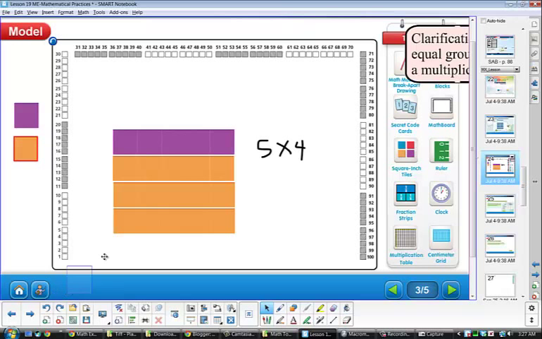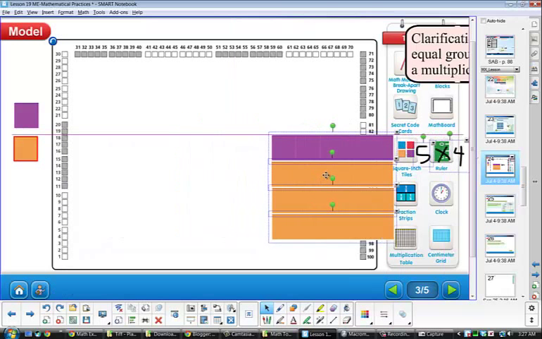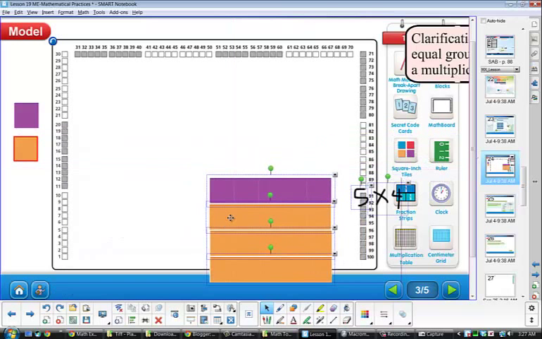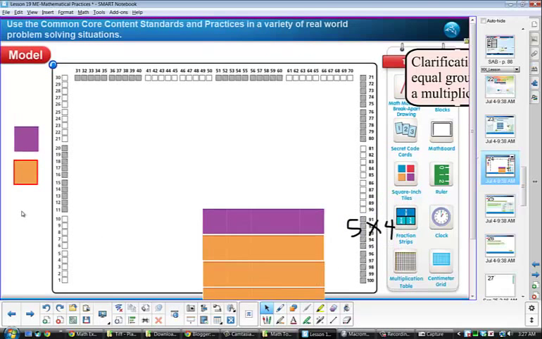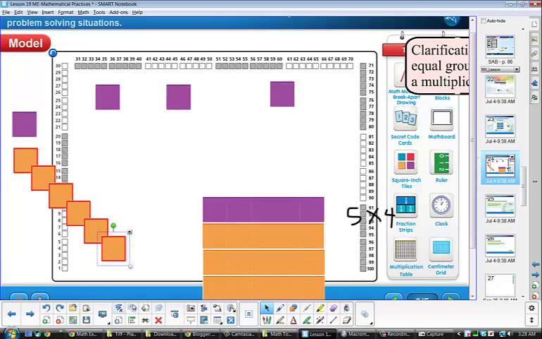But maybe you go to the store and you want to make groups. That's an array. To make an equal group, maybe you go to the store and you get 3 bags. 1, 2, 3. 3 bags. And in each of those bags you have 5 candies.